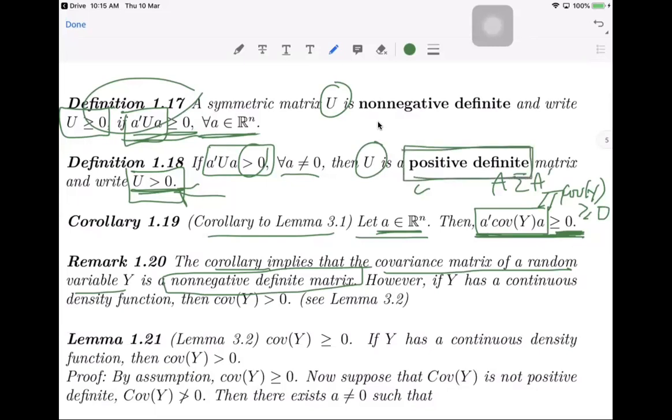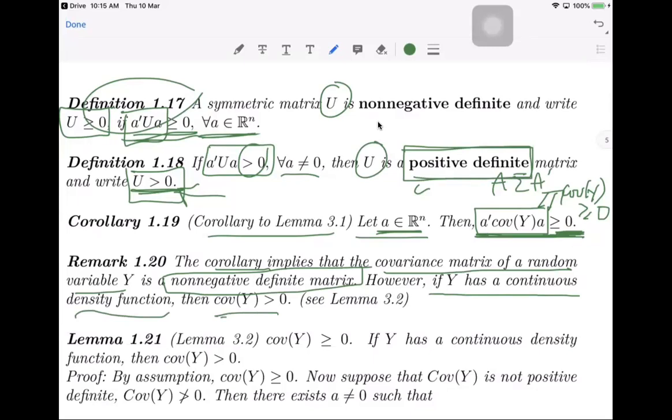The next lemma tells you the condition: if Y has a continuous density function, then the covariance of Y will be positive definite.